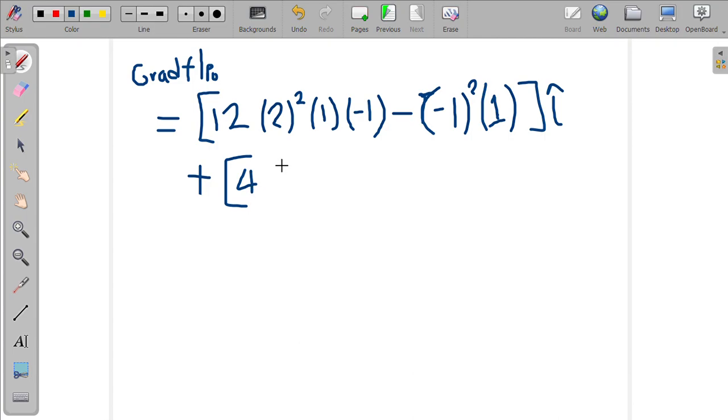Then we open a bracket and write 2 cubed, multiplied by -1, minus another bracket, (-1) squared, multiplied by 2.